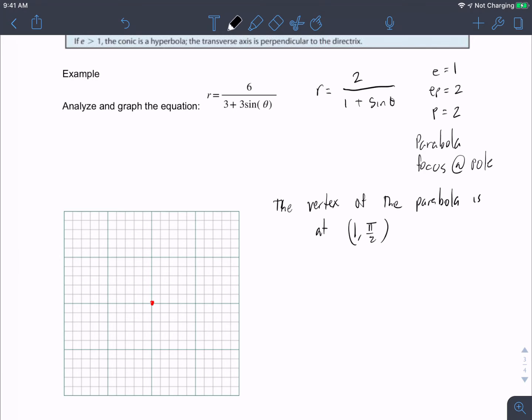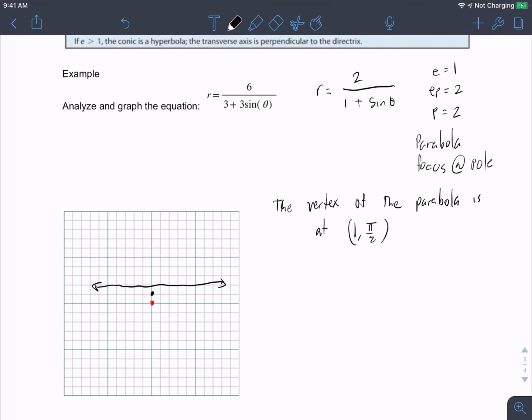And so when we go to plot that, that's going to be at 1 over pi over 2. And so that distance that we had is 1 away. And so the directrix for this thing has to be 1 away from the vertex. And so the directrix is going to occur at 2.